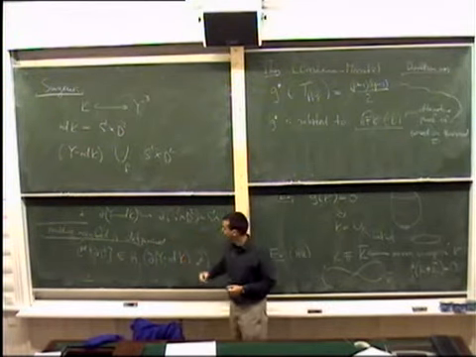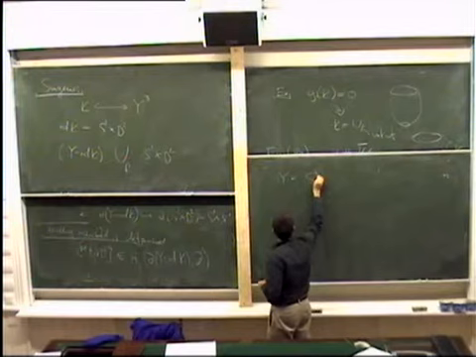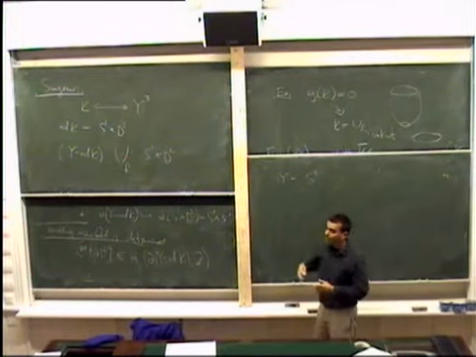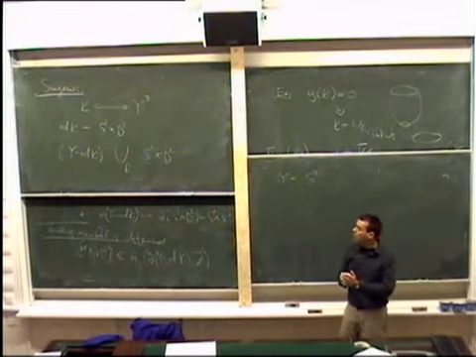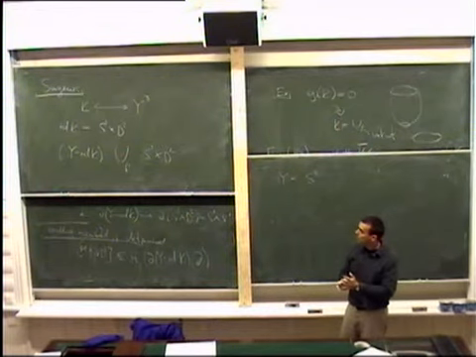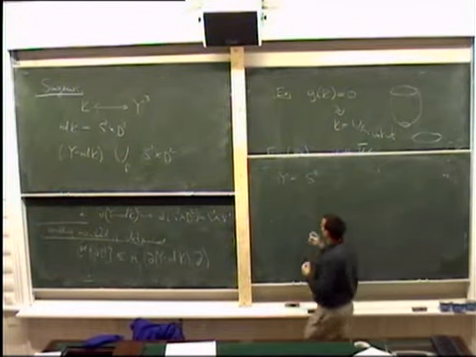In case the knot is null homologous, for example when Y is equal to S3, there is an easy way to see all the possible surgeries you can do.